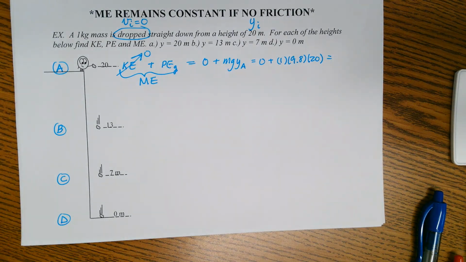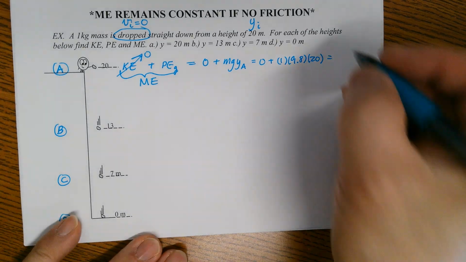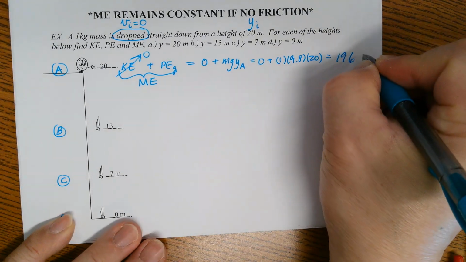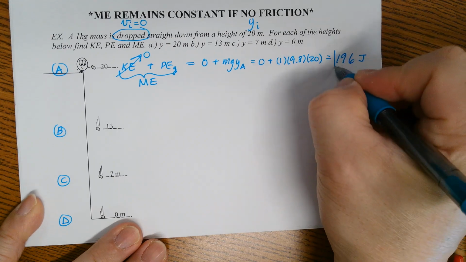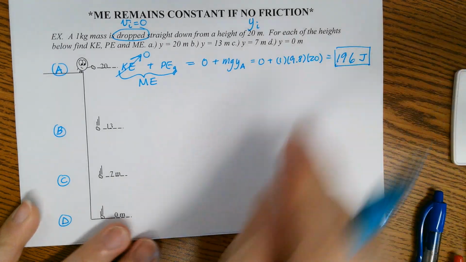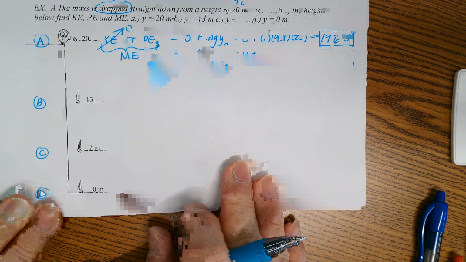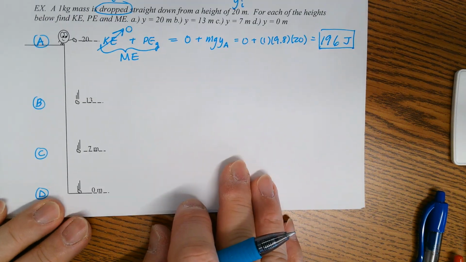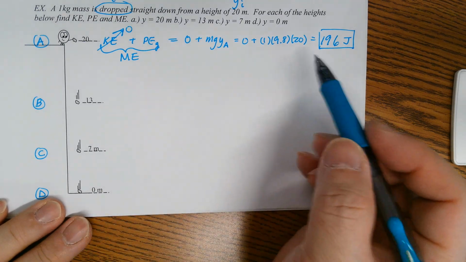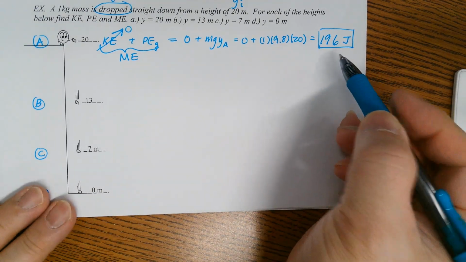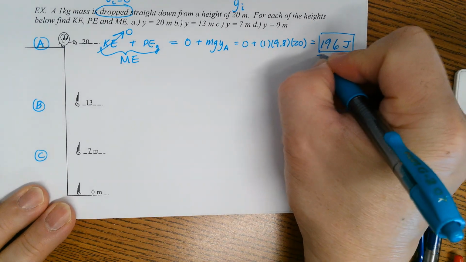So what is that equal to? 196 joules. Now, when I see this, this is the total mechanical energy.